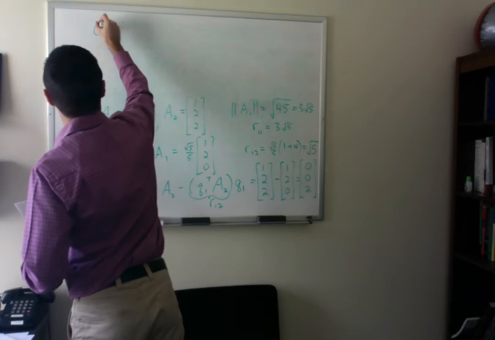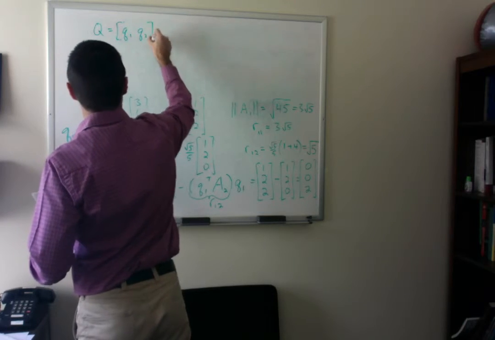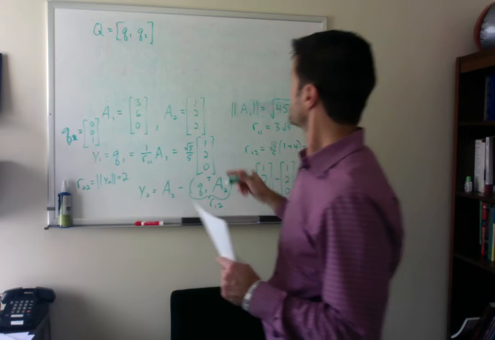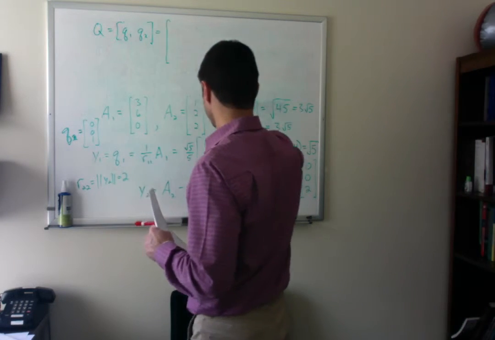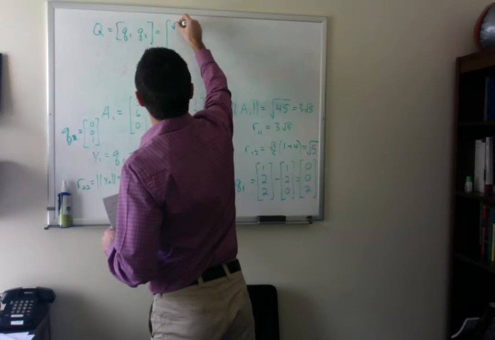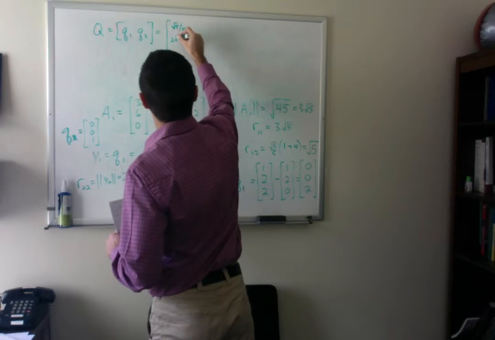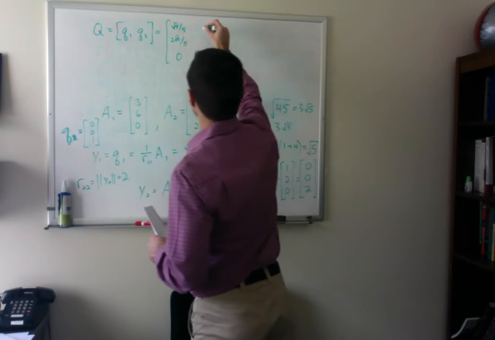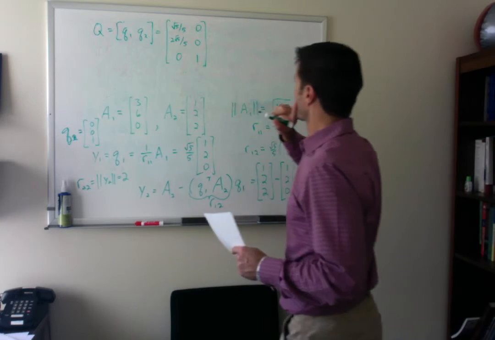So Q is equal to a matrix where I throw in q1 and q2 as columns of Q. So this will equal q1, square root of 5 over 5, then 2 square roots of 5 over 5, and a 0, and then 0, 0, 1. That was q2.